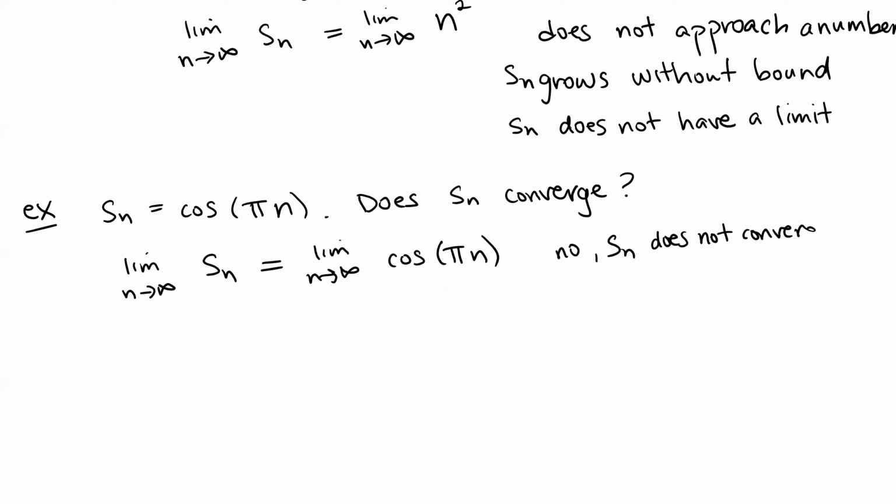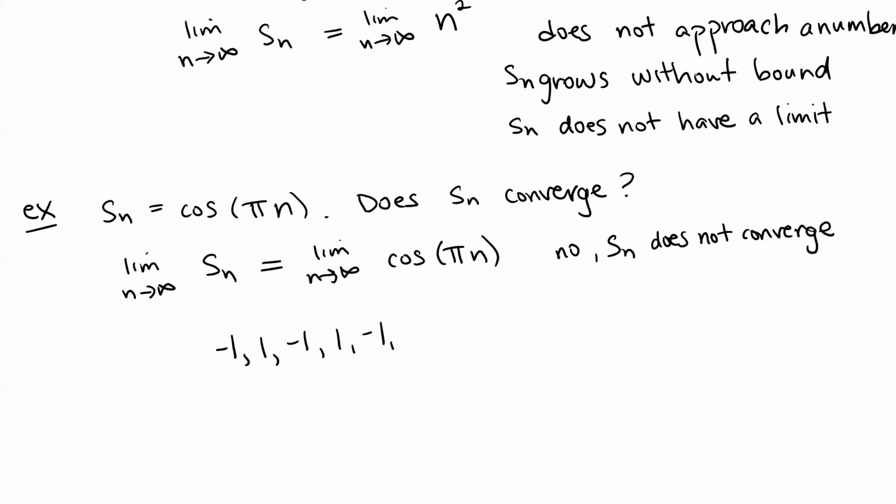And let's list off a few terms to see why. All right, when n equals 1, we've got cos pi times 1, and we know cos pi is -1. When n equals 2, then Sn is cos 2 pi, which is positive 1. When n equals 3, then we get our third term, which is cos 3 pi, which is negative 1.